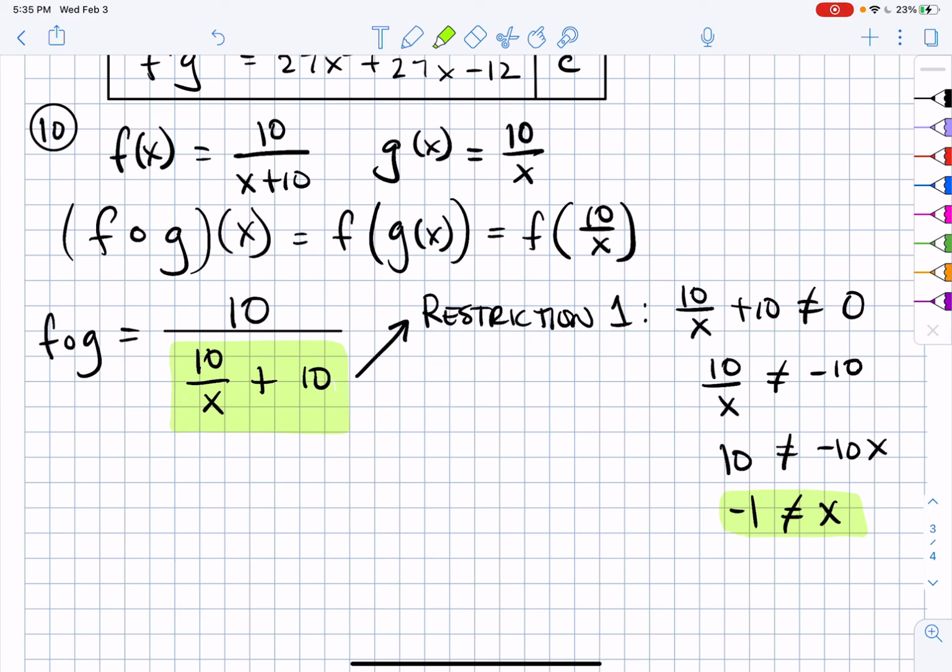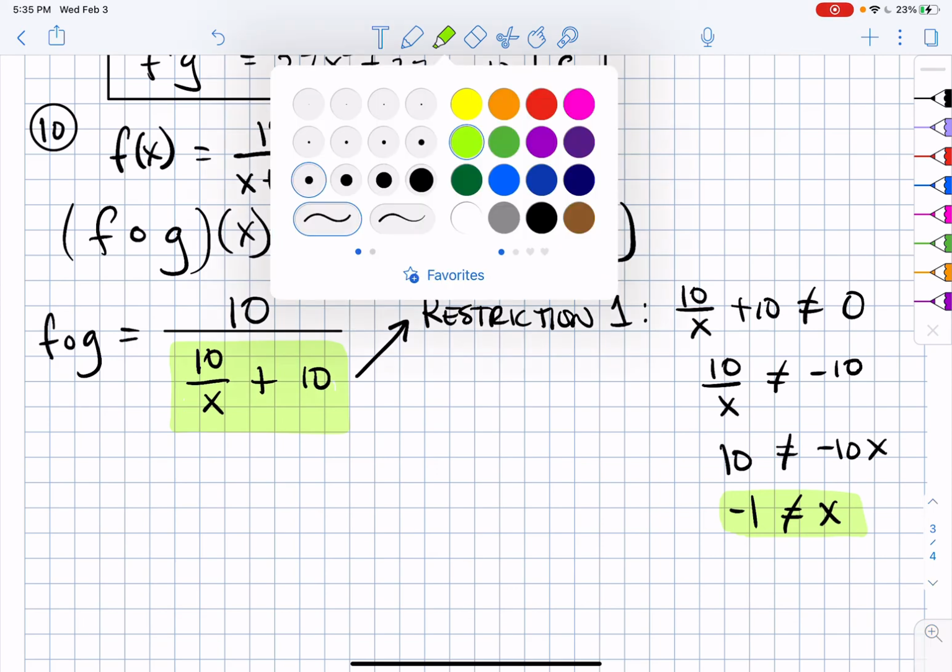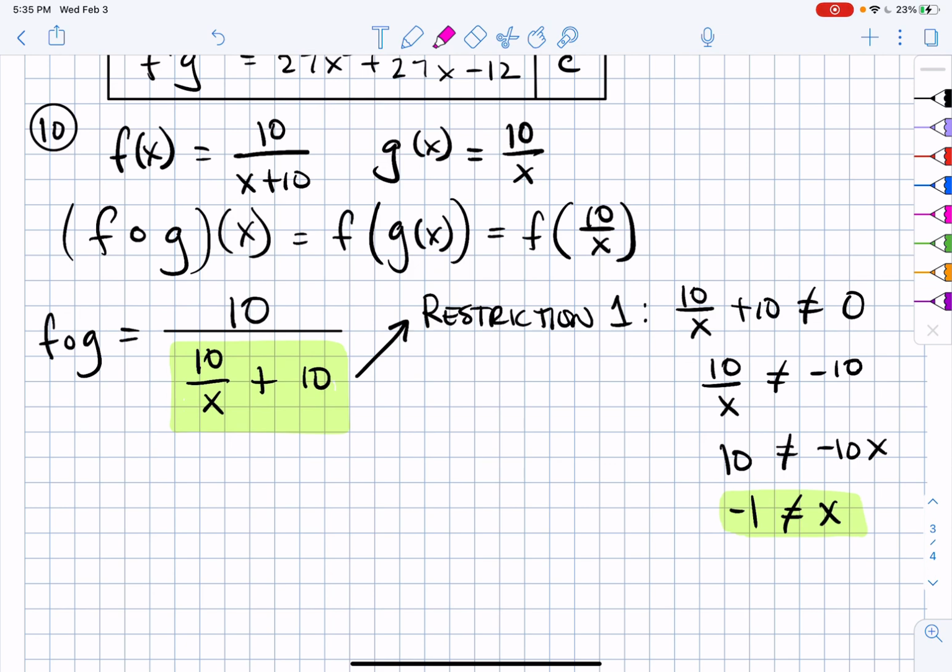Second issue. In this small fraction here, that little x can't be 0, because if that x is 0, then 10 over 0 will be undefined. That means that undefined fraction plus 10 will be undefined as well.